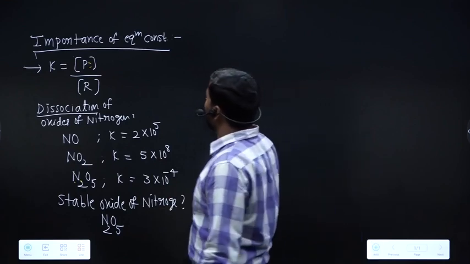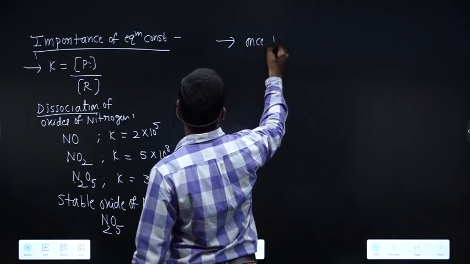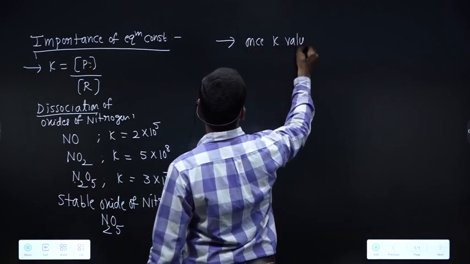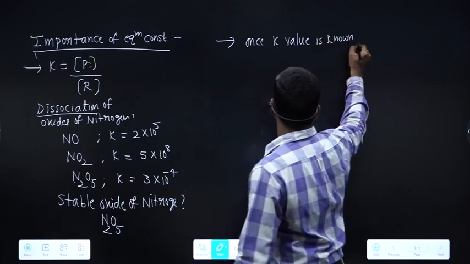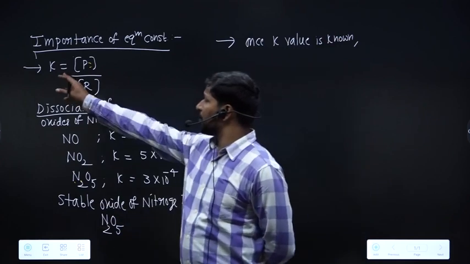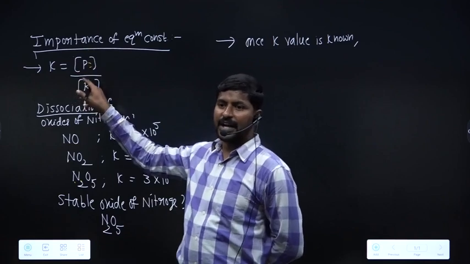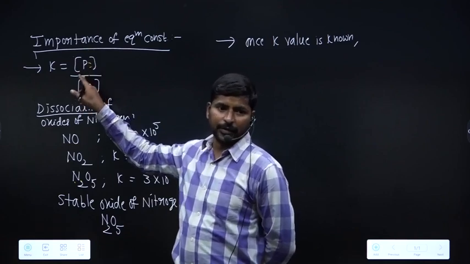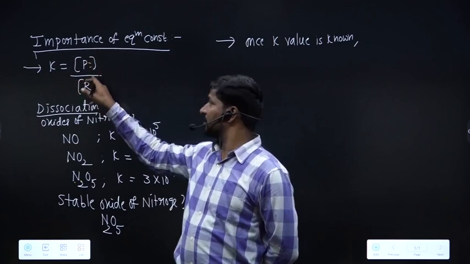And another advantage is, once K value is known, K is equal to what? Product side concentrations at equilibrium by reactant side concentrations at equilibrium.